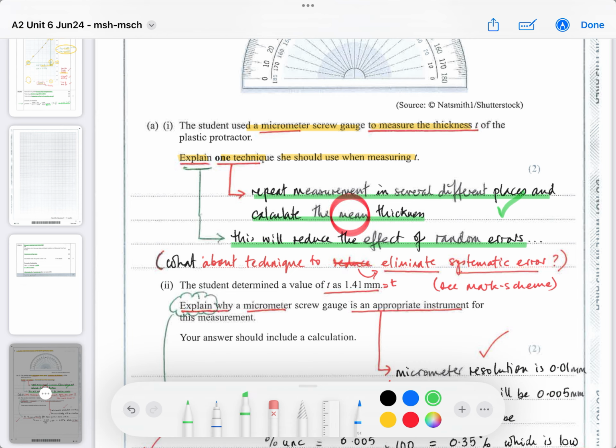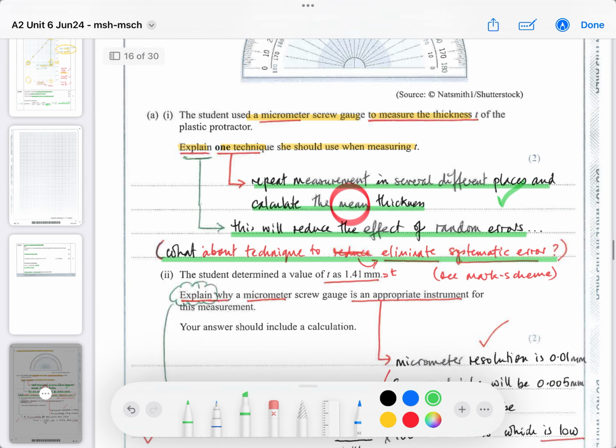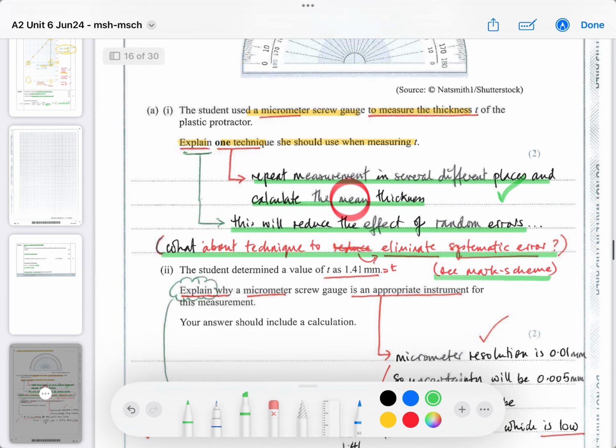Okay, now you could also use this as your technique to eliminate systematic errors. You could check that there was no 0 error on the micrometer. Okay, and you can see the mark scheme has that as an alternative to your 2 points. So if you do random errors, you get 2 marks, but the explanation must fit your description.